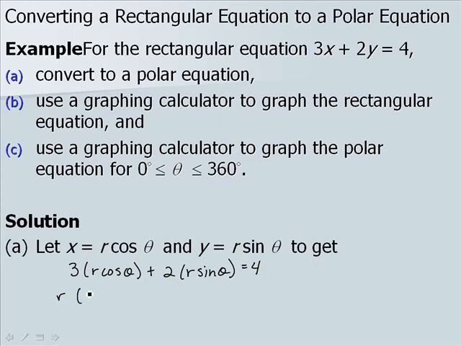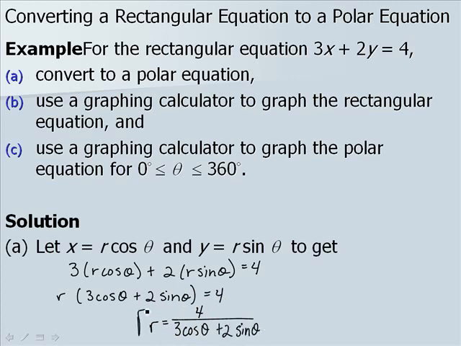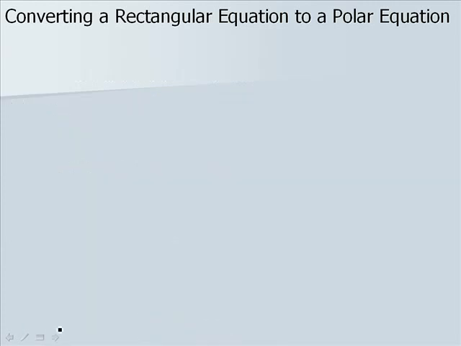We'll factor out an r. We get r times 3 cosine of theta plus 2 sine of theta equals 4. Or r is equal to 4 divided by 3 cosine of theta plus 2 sine of theta. In part B, we want to graph our rectangular equation.